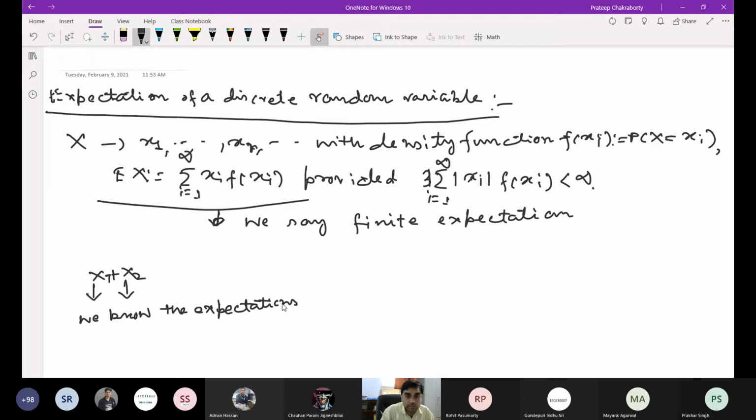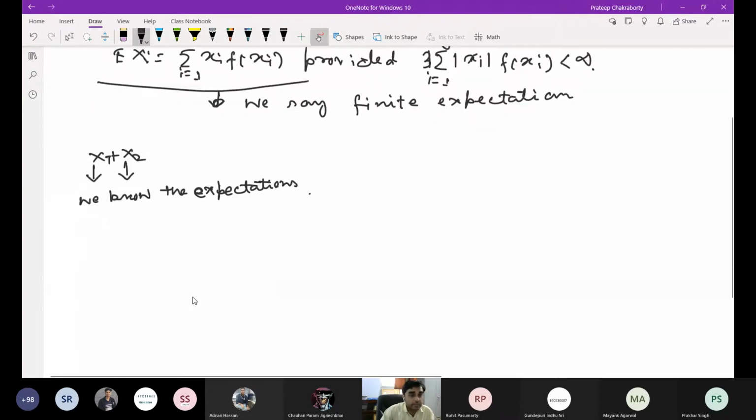We can simply calculate it by the definition, or we can use some formula or theorem, known results. When we use these known results, things become easier for the computations.